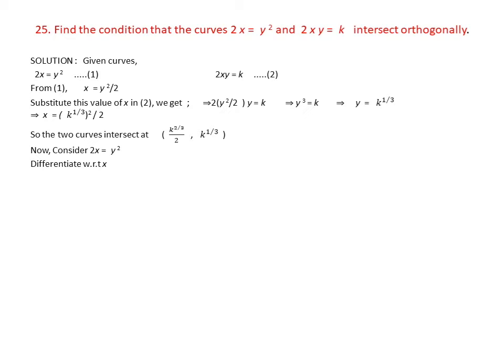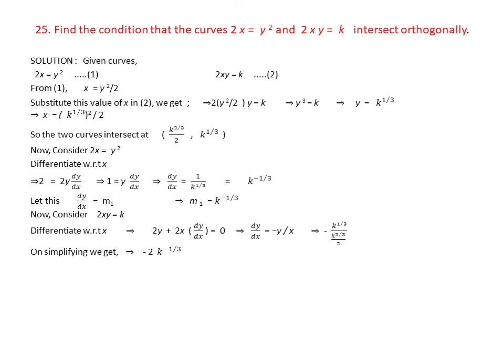Now again see, since they are intersecting perpendicularly, orthogonally, that means there is one point of contact, and at that point of contact, the slopes are to be compared. So therefore again I am differentiating the two curves with respect to x. When I do it for the first one, I get dy/dx as k^(-1/3).